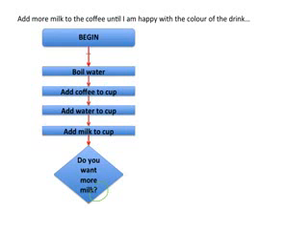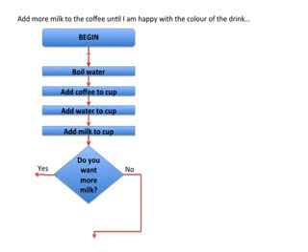Now, because we can only have 2 responses to this question, we can make our lines come from the sides of our diamond, and we need to make sure we label one of these yes and the other one no. What will we do if we answer yes? We need to add milk to the cup again.